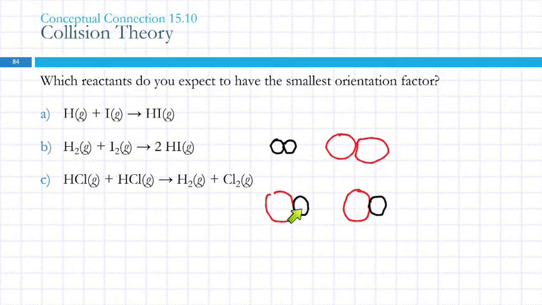So we've got a hydrogen and a chlorine. There's different ways that this could run into each other. The chlorines could run into each other. The hydrogens could run into each other. A hydrogen could run into a chlorine, etc. And only one of those orientations is going to work. So which one has the smallest orientation factor? C, the more complicated one. Any questions?